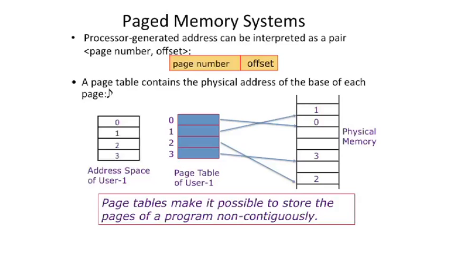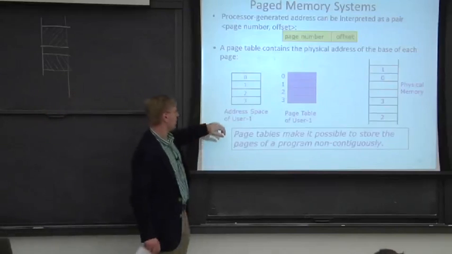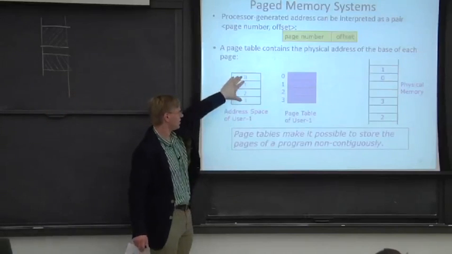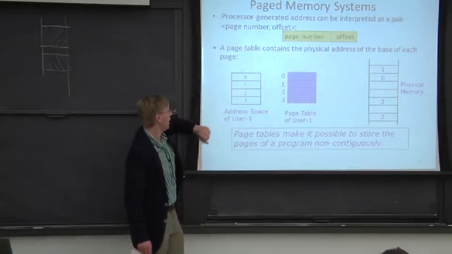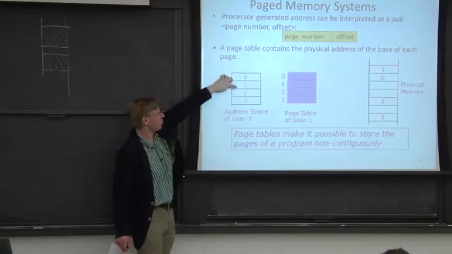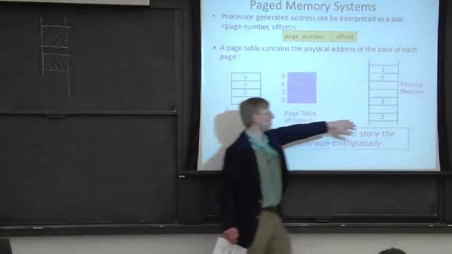So what does this really turn into? Well, let's say we have the address space of a user here. And it thinks memory goes 0, 1, 2, 3. Over here, we have physical memory.